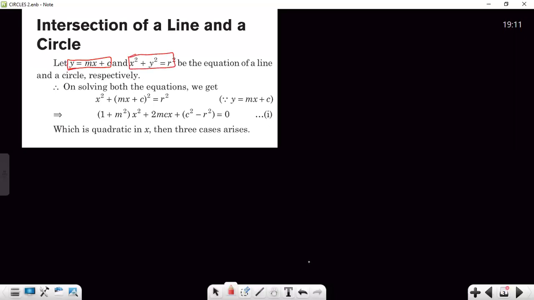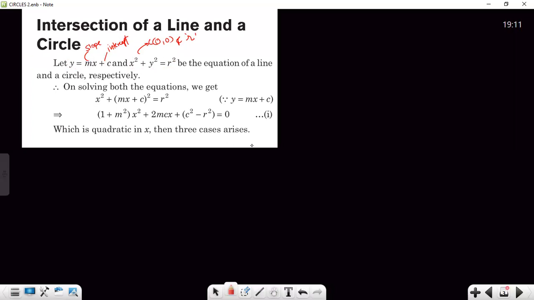Now see, the equation of the circle is interesting. The center is 0, 0 here, and the radius is r. And m is the slope, and c is the intercept. These are the equations of the line and circle.